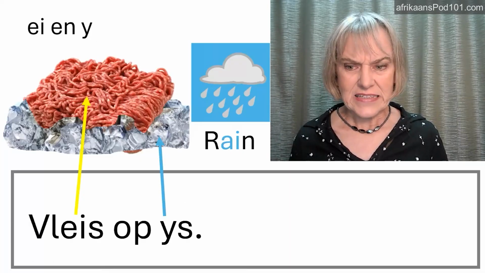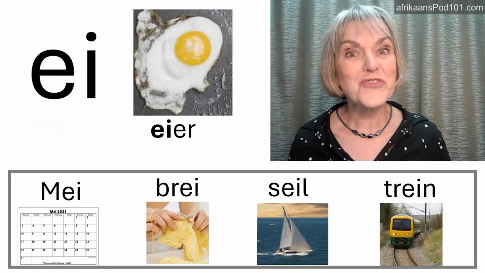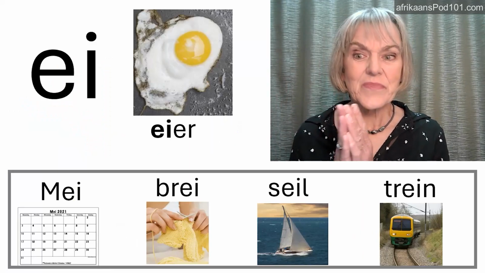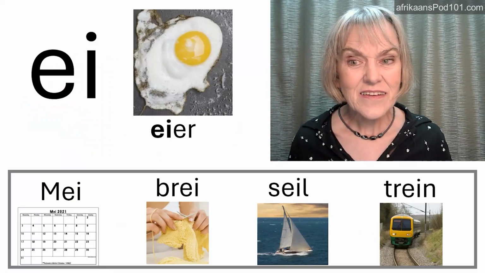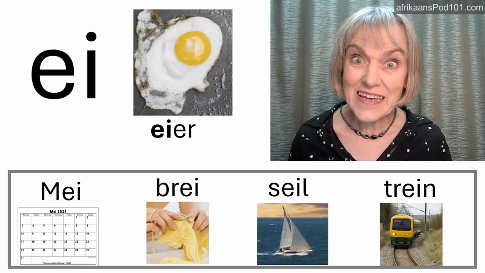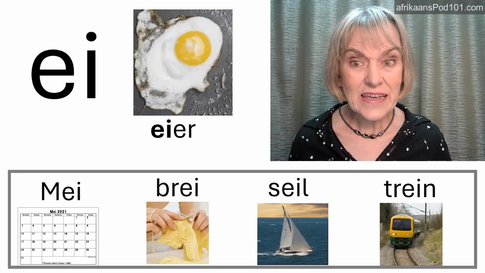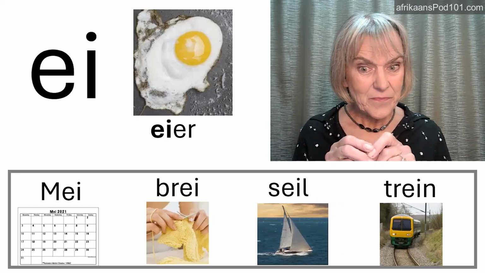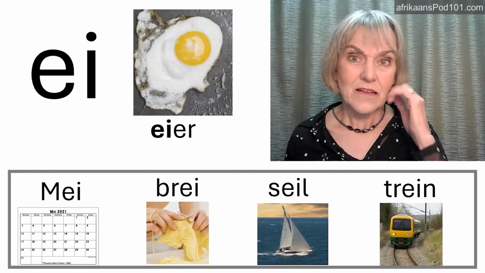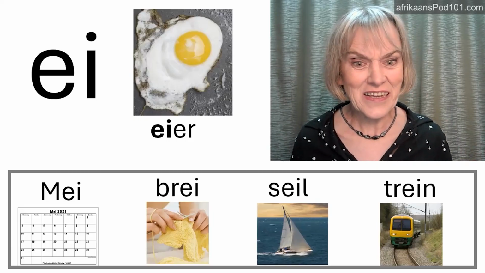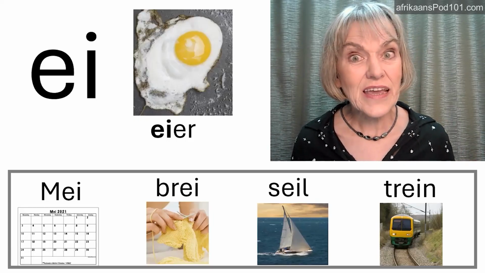Vleis and ice. Here are a few examples of words that are spelled with an EI, A: eier, and you already saw skei, jukskei, die maand, Mei, brei, sail, which is pronounced in the same way in English, but you just spell it differently, and train, same thing again.